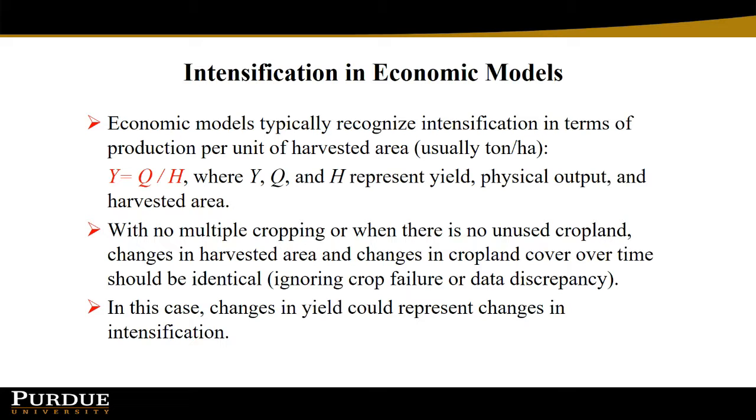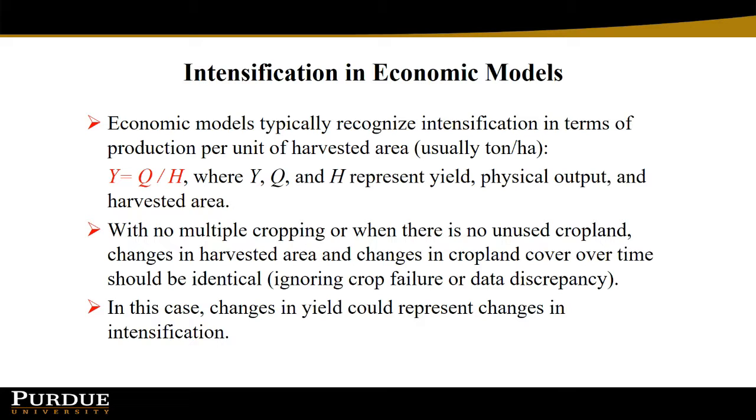Okay. So what we did, we used the FAO data, and we brought these observations in and modified our model to capture those. So that's a brief story of what I'm going to tell you. Intensification in economic models is usually captured by yield, which is production per harvested area.